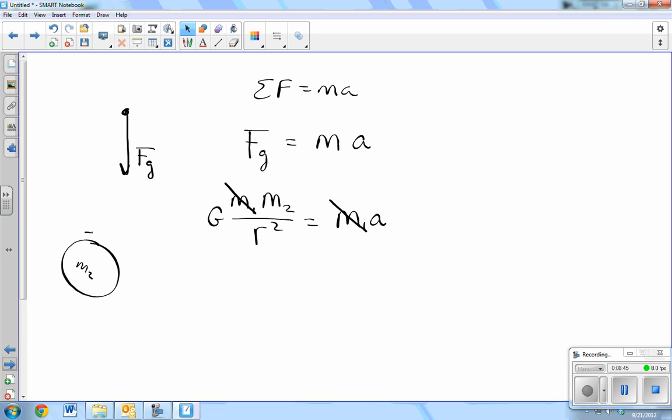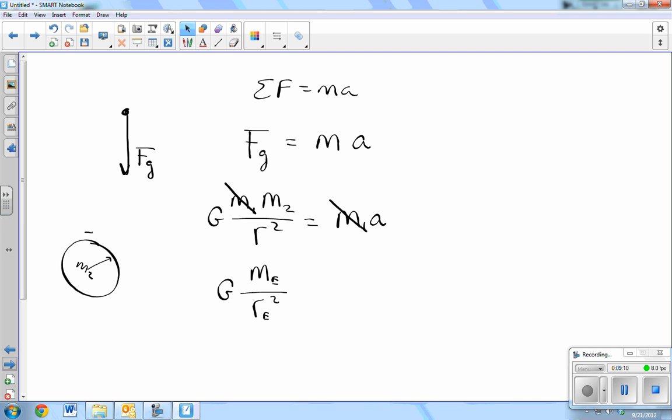We discussed that when we did projectile motion. So the acceleration depends on this constant, the mass of my planet, so in this case the mass of my Earth-like planet, divided by the radius, measured from the center, the radius of my Earth-like planet squared.